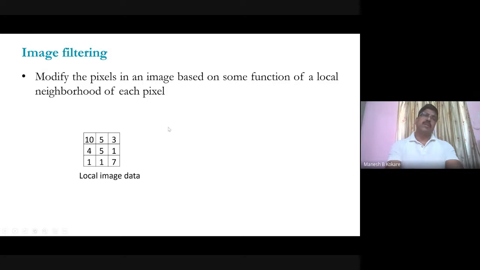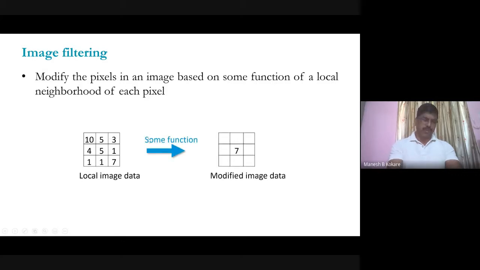Now see here, for example, you have a local image, a 3 by 3 image, and these are the pixel values of this image. You have another image or function which is applied on this image, such that the center of this kernel is kept on the 5.